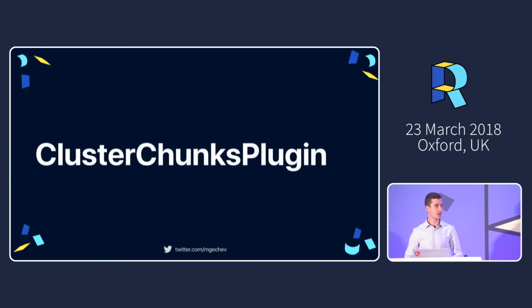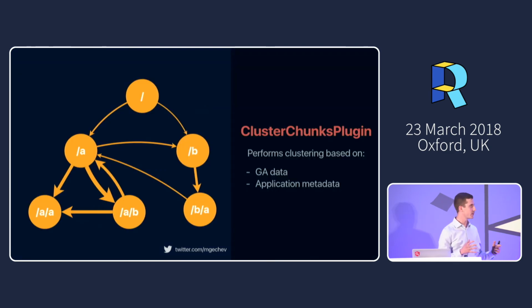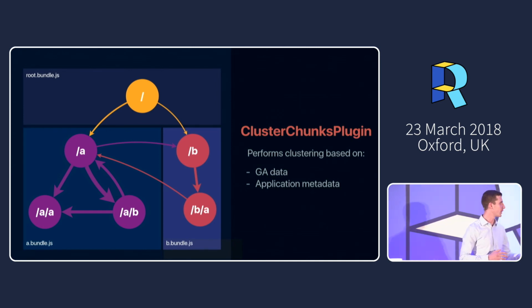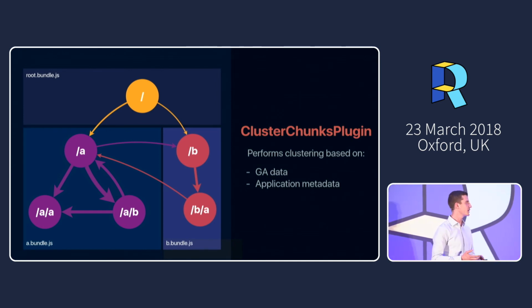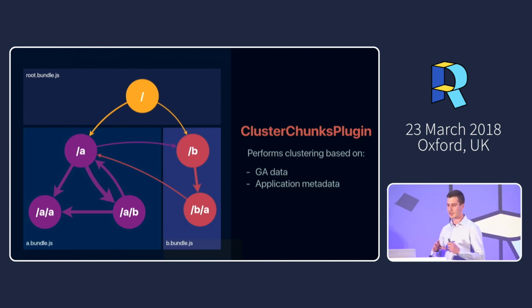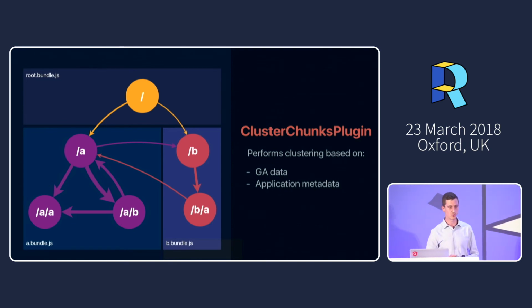The cluster chunks plugin is going to take this page graph that we built from Google Analytics, together with the metadata that we got from the parser, and figure out how exactly we should group the individual chunks together. So in this specific case, it is going to figure out that all the A routes should go into the A bundle.js, all the B routes should go to the B bundle.js, and the root, respectively, should go to root.bundle.js.